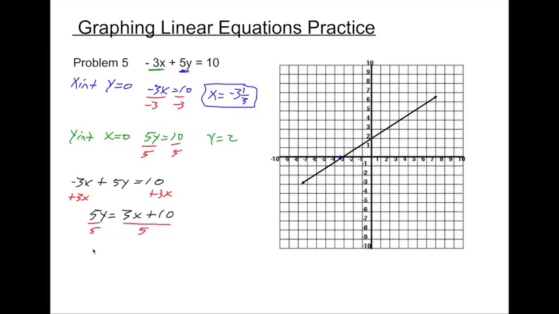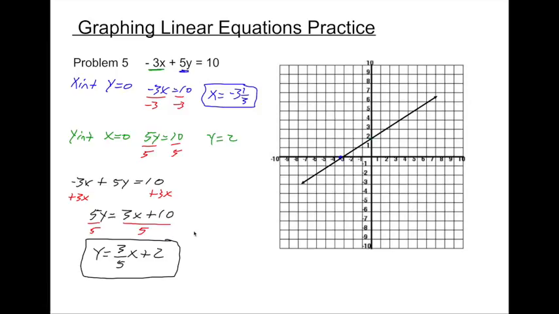And then we can simplify this. This side is now y. 3x divided by 5 is going to be 3/5 x. And 10 divided by 5 is just going to be 2. And so now you can see this is in y equals mx plus b form.